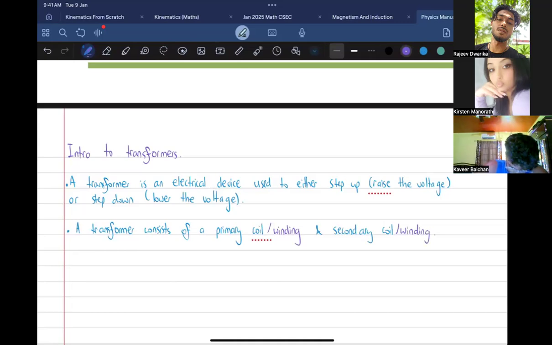Both are correct. A transformer needs AC current in the primary coil to work.